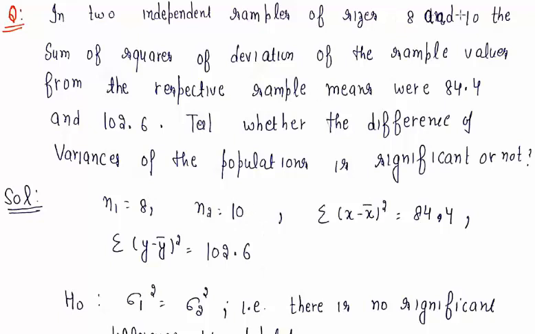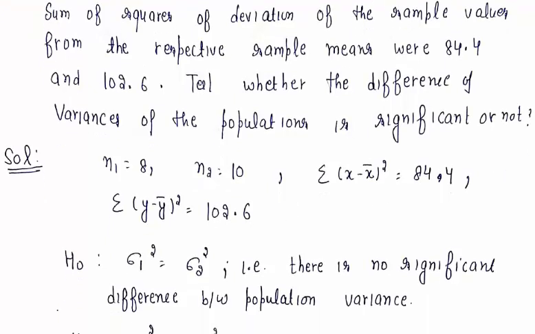So after writing the values of N1 and N2, next we check the sum of squares of deviations of sample values from their respective means. That means we find the difference of the respective value from the mean, then square it, then the summation is given as 84.4 for the first sample and 102.6 for the second sample. So summation x minus x bar whole square is 84.4, summation y minus y bar whole square is 102.6.